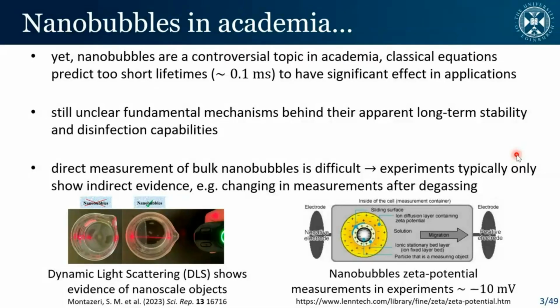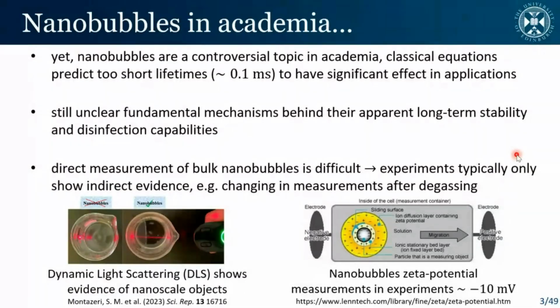And to top all that off, in experiments, direct measurement of bulk nanobubbles is very difficult. So experiments can typically only show indirect evidence. That's usually by some process like dynamic light scattering or zeta potential measurements, which can show the presence of some nanoparticles in solution, and then potentially showing that these effects change or disappear after you degas the solution.